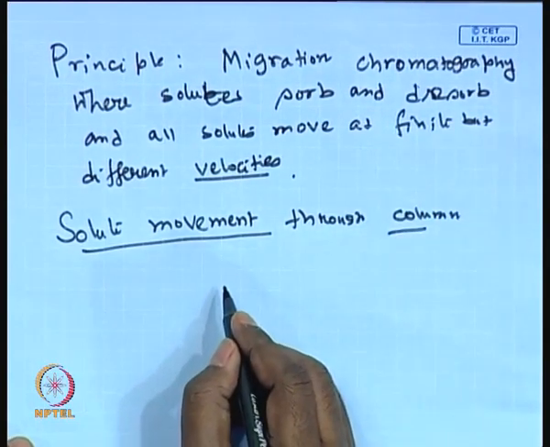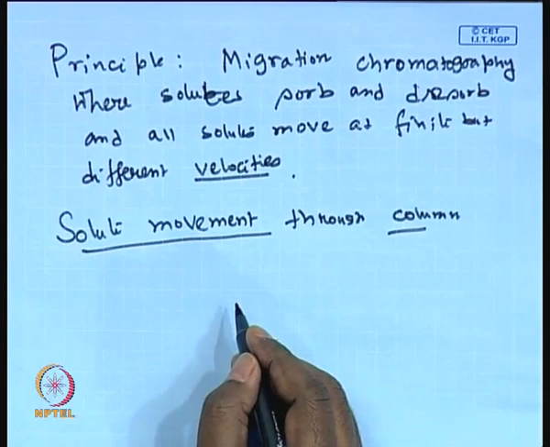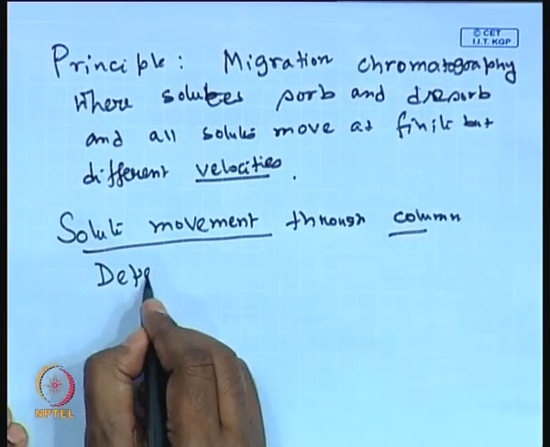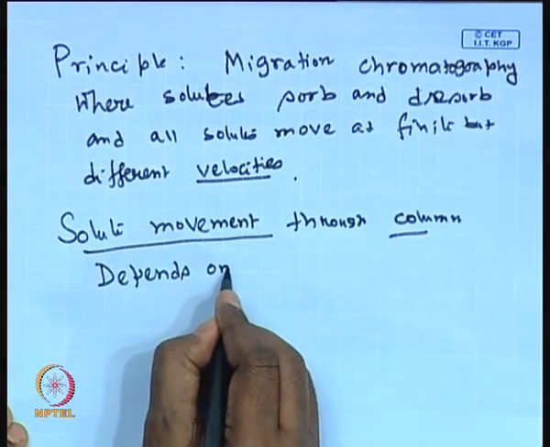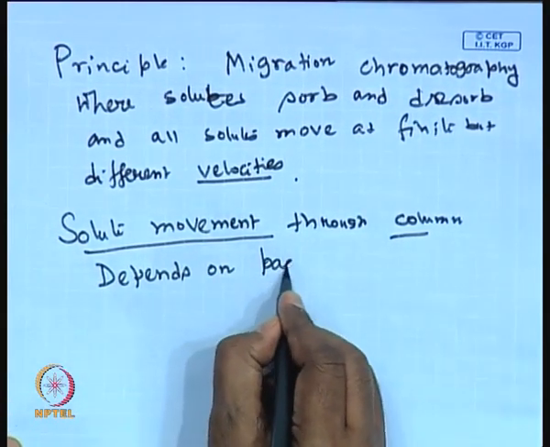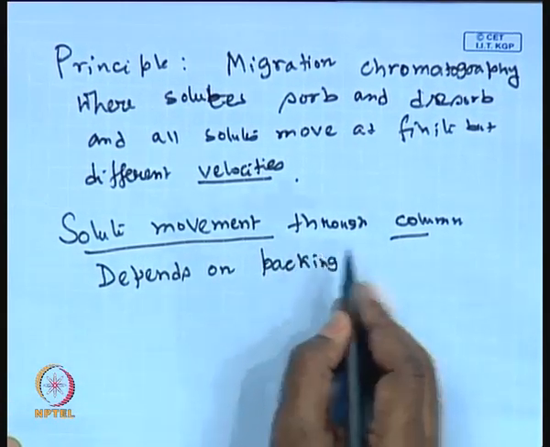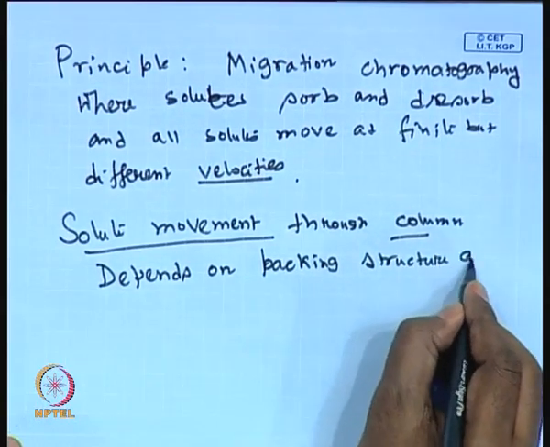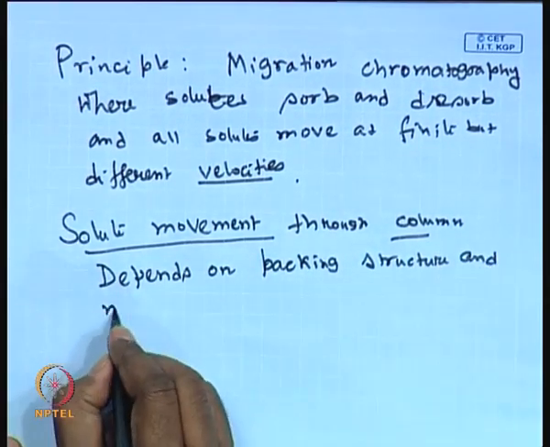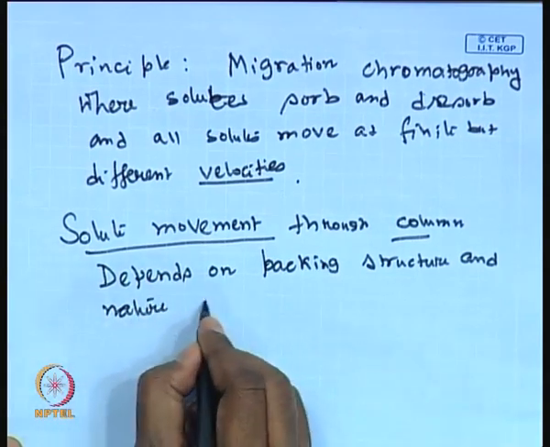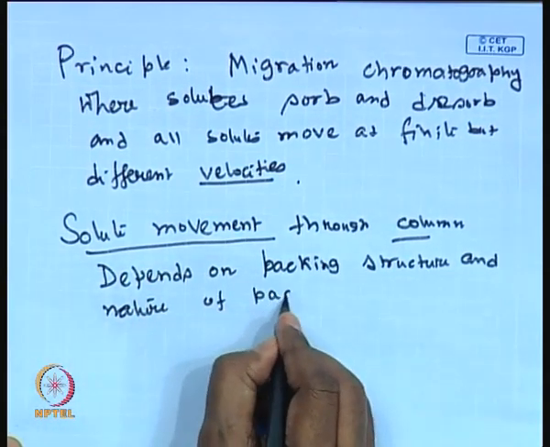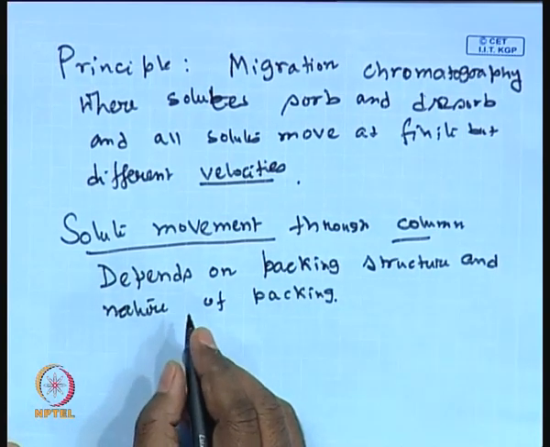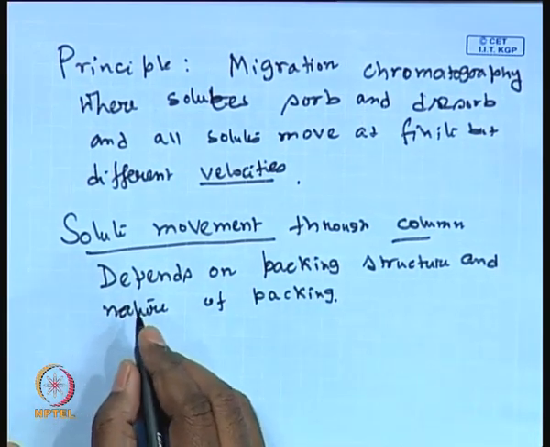Okay. This entirely depends on the packing structure and the nature of the packing. So, for solute movement, the first factor is the packing structure and nature of packing. Solid particles should be sorbents having high porosity.